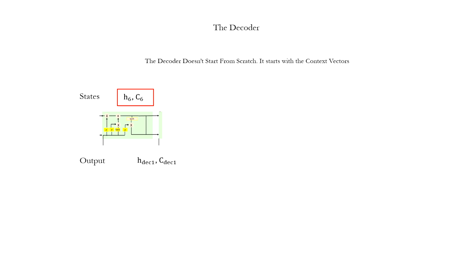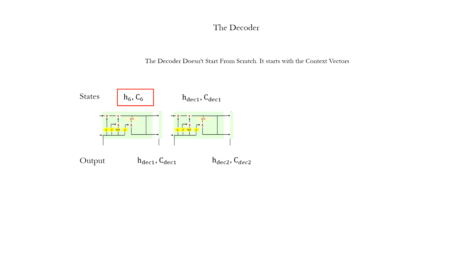Now the decoder. So the decoder doesn't start from scratch. It starts with the context vector that was generated by the encoder. So we saw the H6, C6 earlier. And that's what we're going to start with, right? That's our initial state.